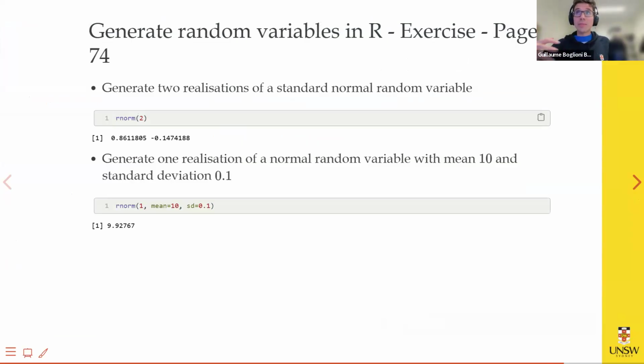So if you don't specify them, R is going to execute using those default values. This is the case of the arguments mean and standard deviation. By default, they are set at 0 and 1. So here rnorm(2) again creates 2 observations from the standard normal, mean 0, standard deviation 1. But you can override this by actually specifying, no, I want a mean of 10 and I want a standard deviation of 0.1.